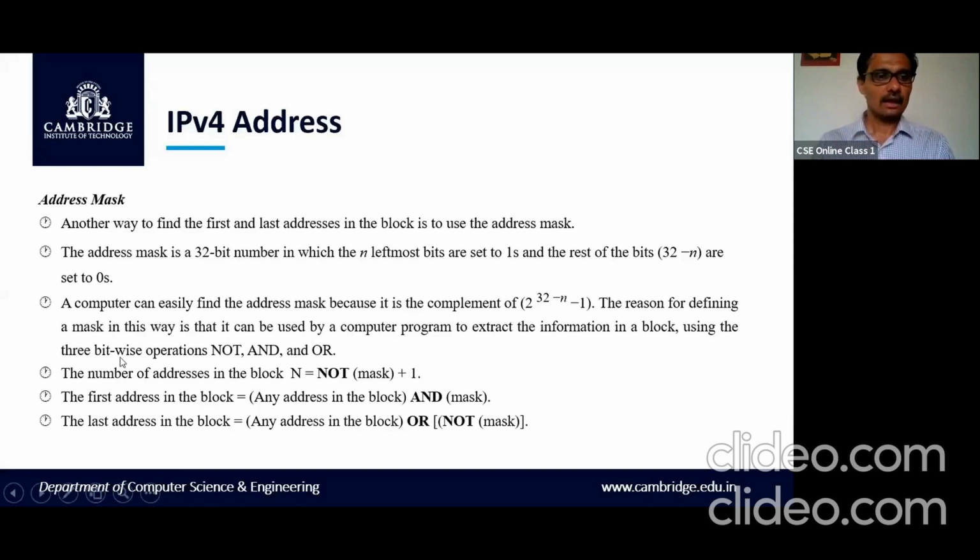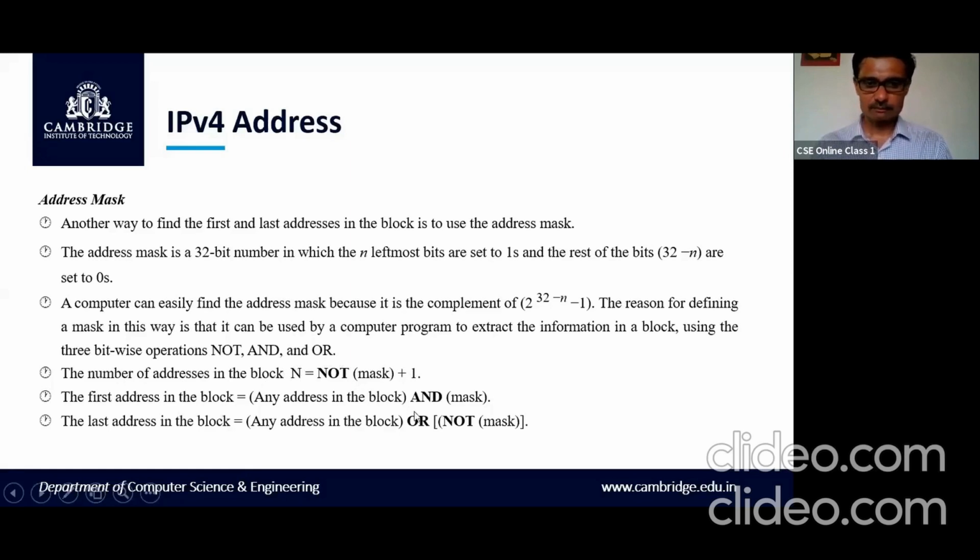Then how do you find the total number of addresses? Compute the NOT of the mask, that is, invert all the bits of the mask, convert that into decimal, and add 1 to that. So you get the total number of addresses in that block.